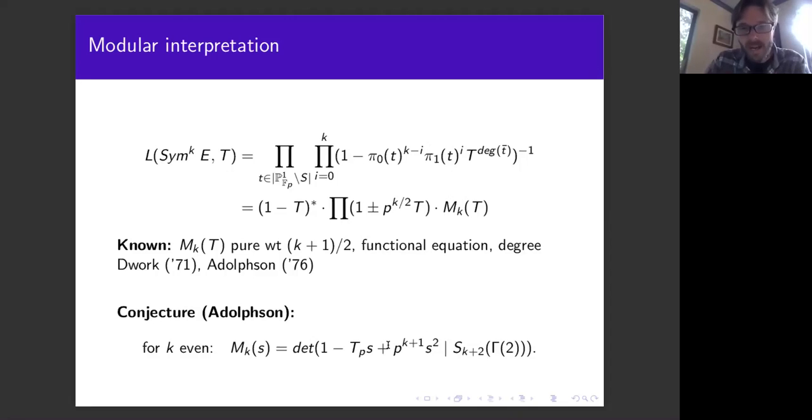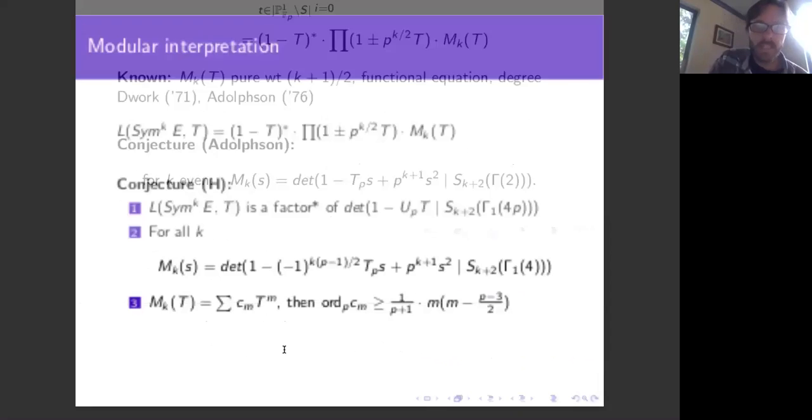One is why should this conjecture be there, or basically why are cusp forms showing up at all in this theory? And two is why only even? It makes sense actually. If k is odd, there are no cusp forms of odd weight for gamma 2. So this is 0. But mk is not 1 when k is odd. This thing's huge. When k is odd, this could be just a big polynomial. So I was like, what happens when k is odd?